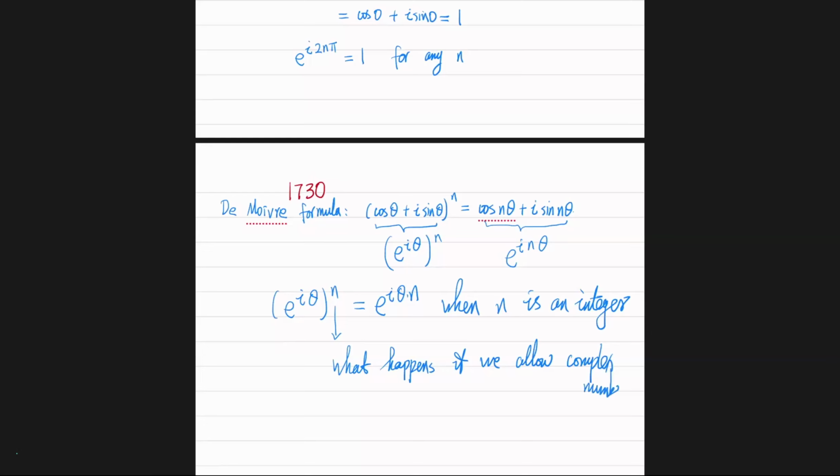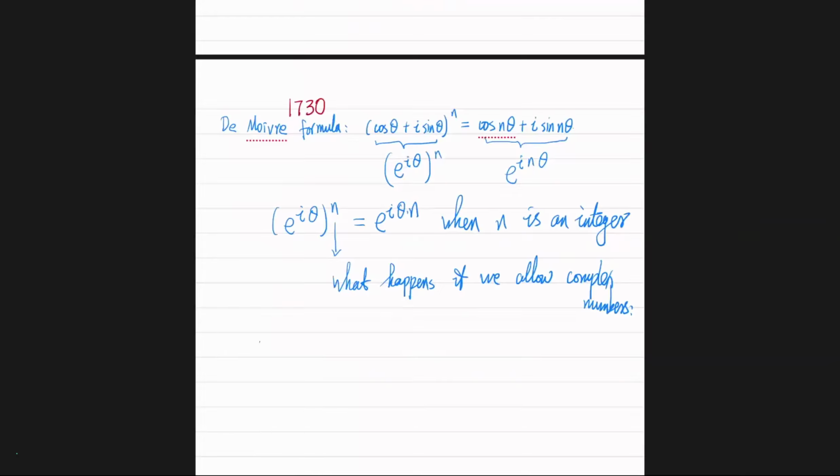In this case, I'm going to consider theta is 2 pi, and the power is i times 2 pi. Okay, what's this? If we do this first, what's e^(i 2 pi)?